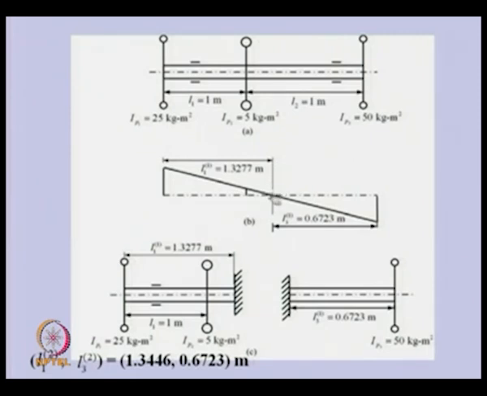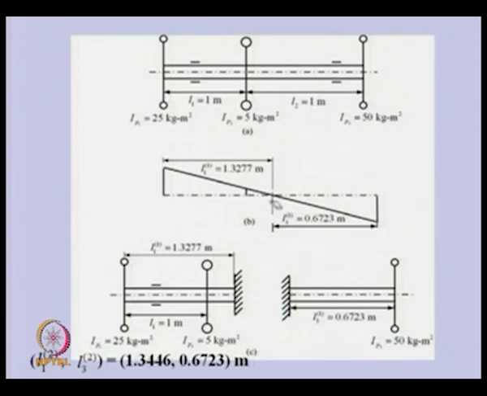In this case there are two possibilities. One is 1.3446, so this is one of the systems, and at the other end this is 0.6723 from the right side. So this is another node. From this we get this particular single degree of freedom system.